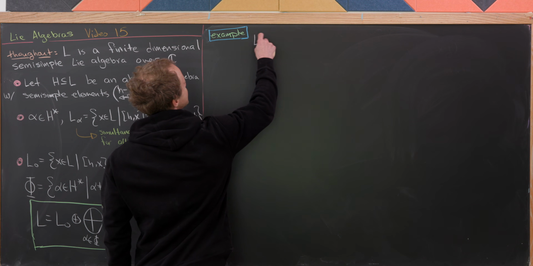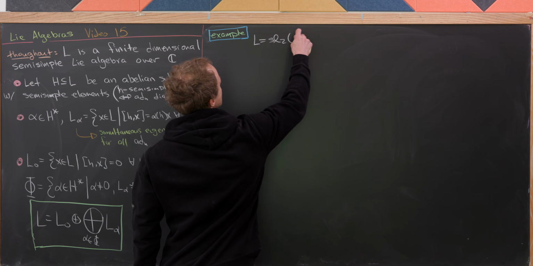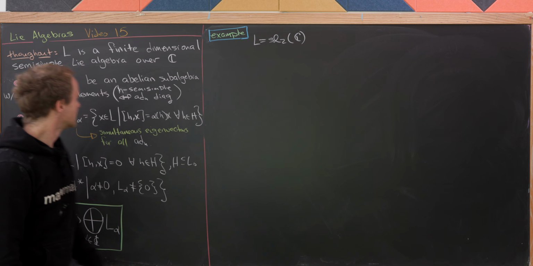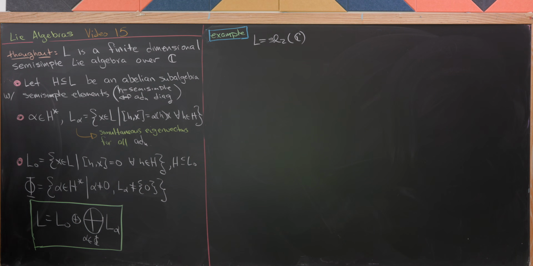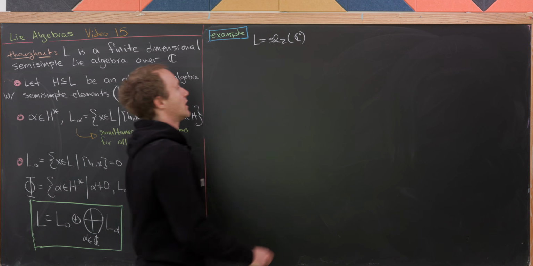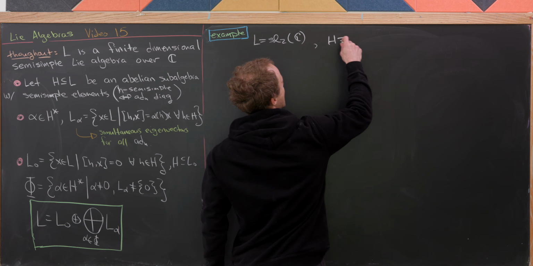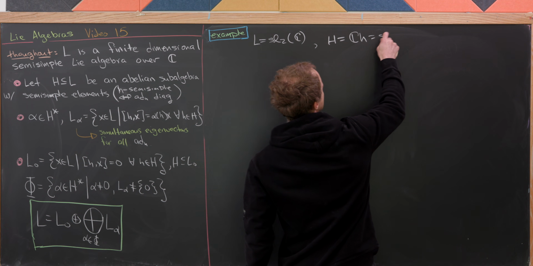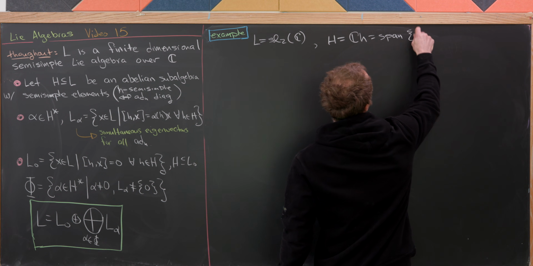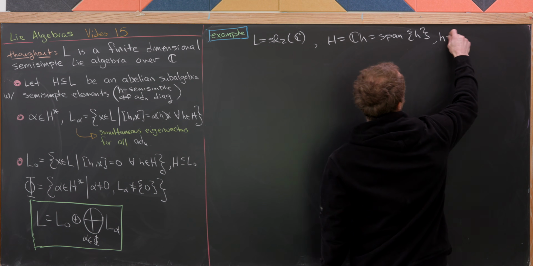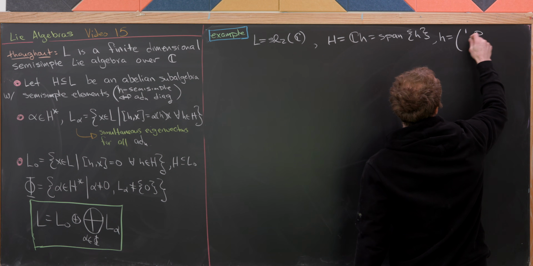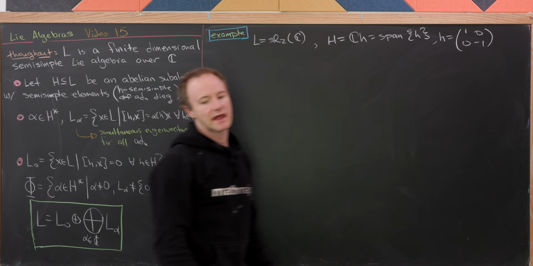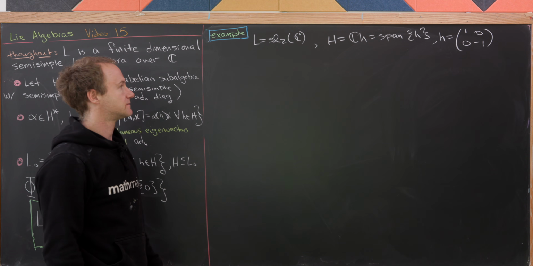Let's start with a very simple example of L equals SL2. If we're looking for an abelian subalgebra, then that subalgebra is simply going to be H equals CH, the one-dimensional vector space spanned by H, where H is the diagonal matrix with 1 and -1 on the diagonal.